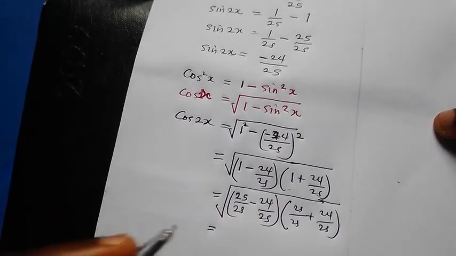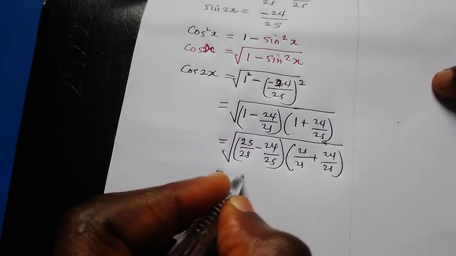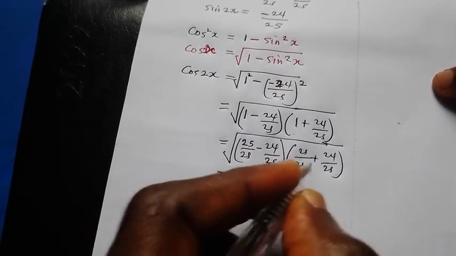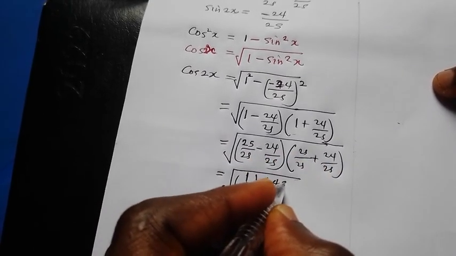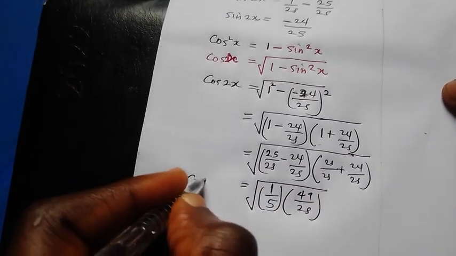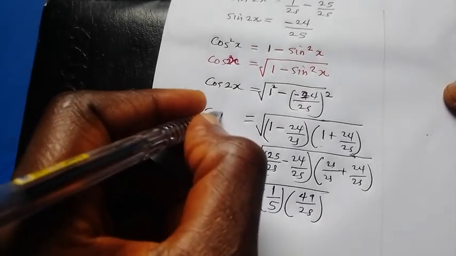This is just to make things easy. Then upon simplification, this is the same thing as 1 over 25 times 49 over 25.